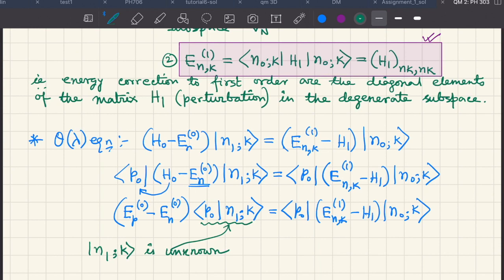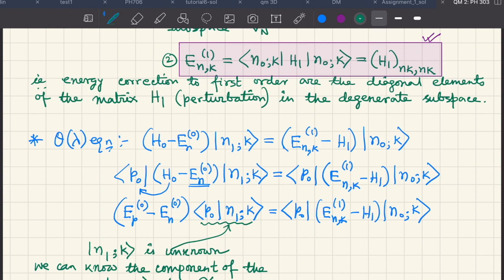So this means that we can know the component of the unknown quantity n1k along V tilde space. So this is what this inner product will tell us.